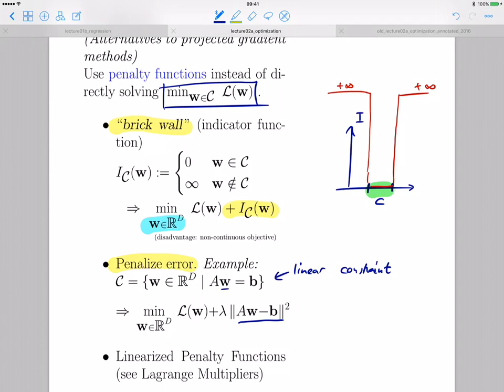If that is our constraint, then we can measure how far we are away from that constraint by just looking at this number here, AW minus B. Let's take the easy case when A is just one row vector. Then this is one constraint, and B is a number.